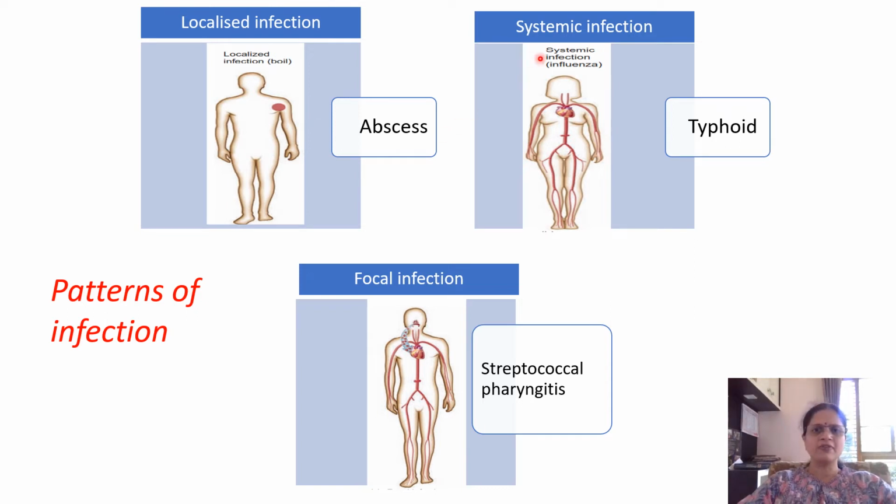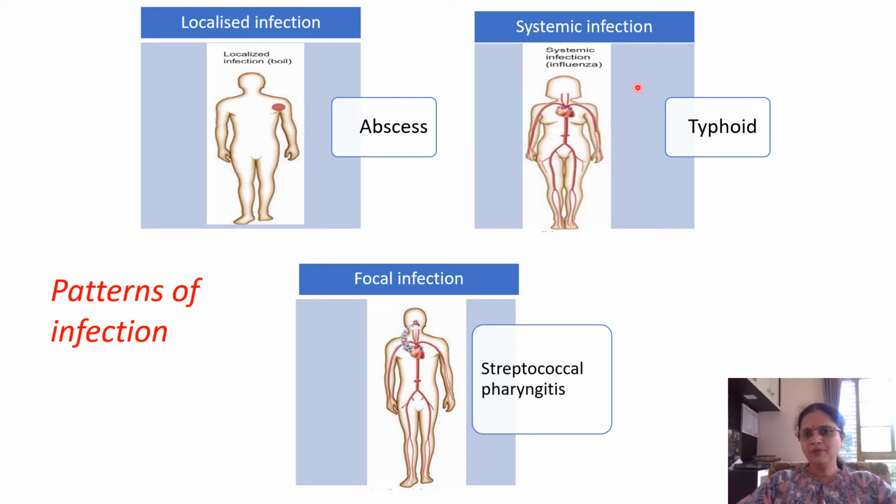Whereas systemic infection is when the infection spreads to several sites and tissue fluids, usually through circulation. Either in the bloodstream, or in the cerebrospinal fluid, or through nerves. If the infection spreads to other parts of the body, giving symptoms in other parts of the body, then it is called a systemic infection.